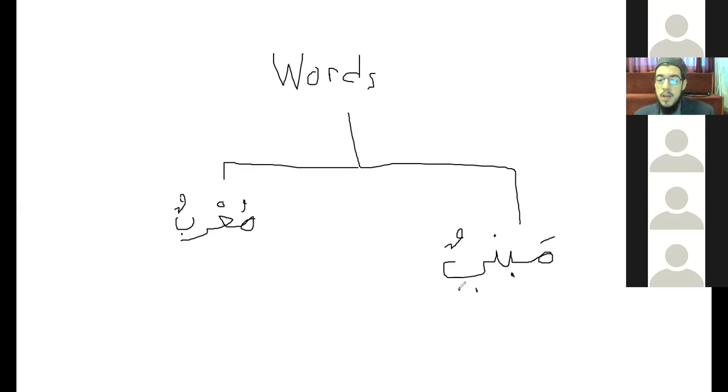So some words, their endings never change. Demonstrative pronouns happen to be some of those words. Demonstrative pronouns such as hada, such as dhalika, do not change their endings no matter where they are in the sentence. Even if it was the object of a verb, I ate this, hada, it would still be hada.